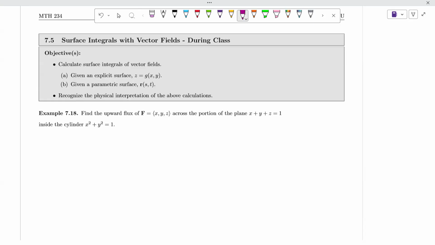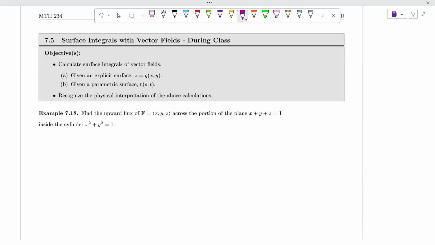So, three equations. I've got F equals x, y, z. I've got the plane, x plus y plus z equals 1, and the cylinder, x squared plus y squared equals 1. So, it's never F because that's the field. The field's not the surface. The field is the thing that we're integrating. So, our surface is never going to be F.